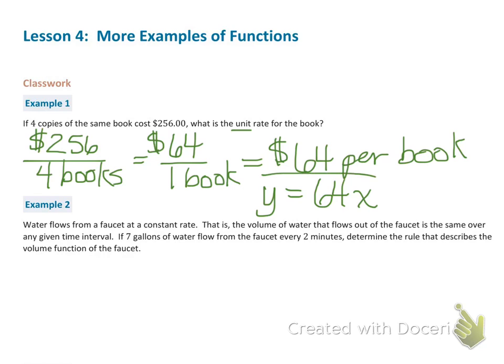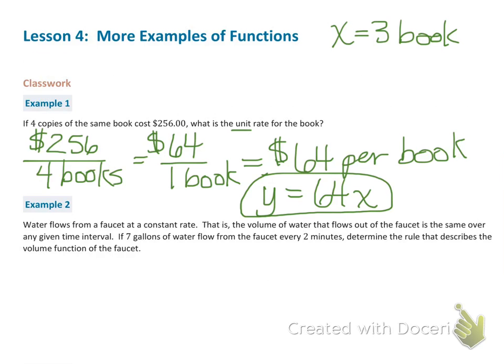Okay, so there's our function rule. The input is the number of books, and the output is the total cost. So what number does the function assign for 3 books?